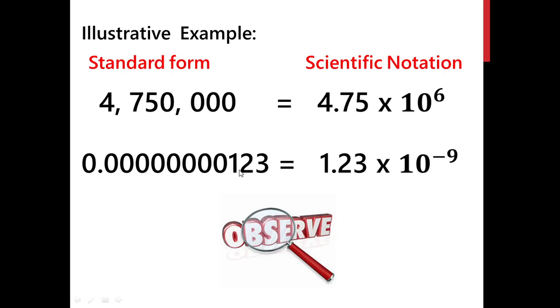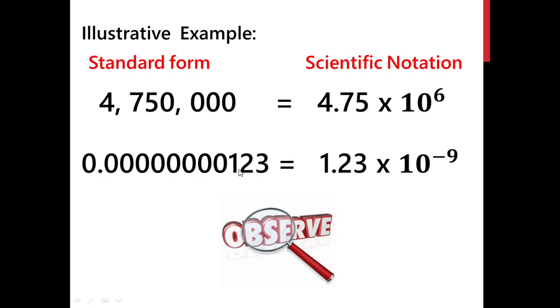Now this time, remember that your decimal point is already here, that's 1.23. You need to count how many decimal places you need to go. Since you're counting your decimal places going to the left, that means your exponent is a negative integer.